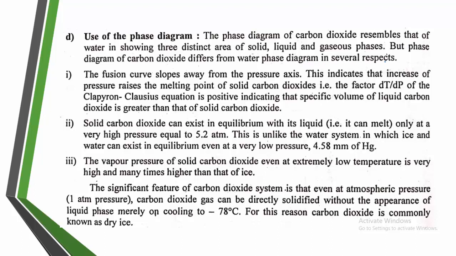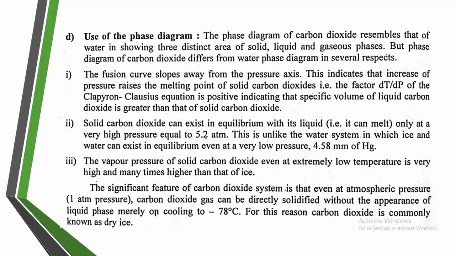in several respects. Here you can see that solid carbon dioxide can exist in equilibrium with liquid only at a very high pressure, equal to 5.2 atmospheres, where the temperature is minus 57 degrees Celsius. Try to understand: solid carbon dioxide is in equilibrium with its liquid only at the very high pressure of 5.2 atmospheres.